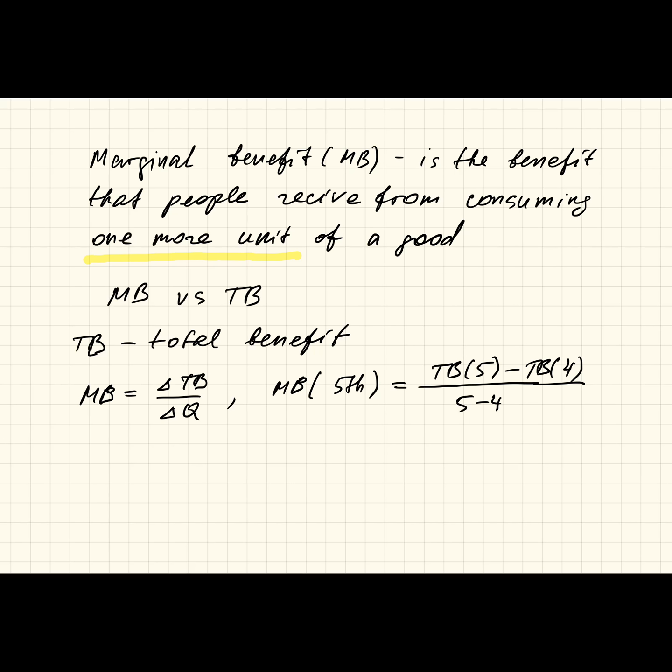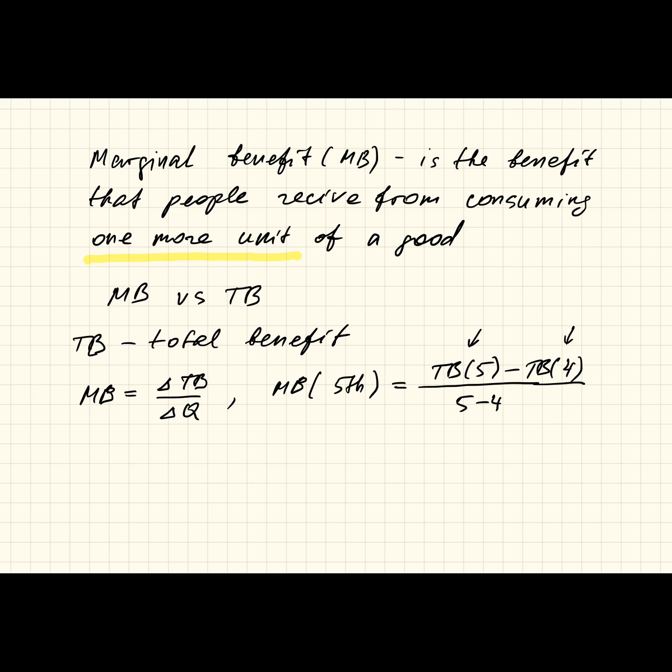So this is the total benefit that we enjoy overall when having those 5 units, right? This is what we had before we added the 5th unit, in other words, when we had just 4 units. Of course, more usually means better, right? So as you're increasing consumption, your benefit goes up. So usually we expect marginal benefit to be positive.